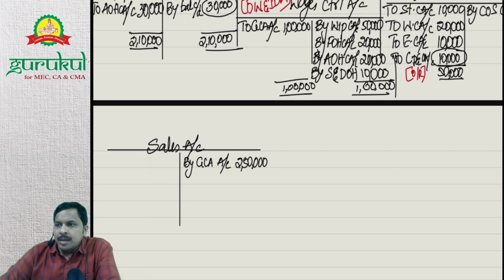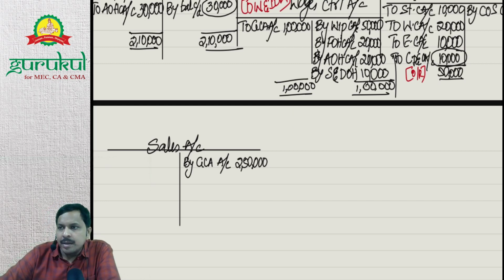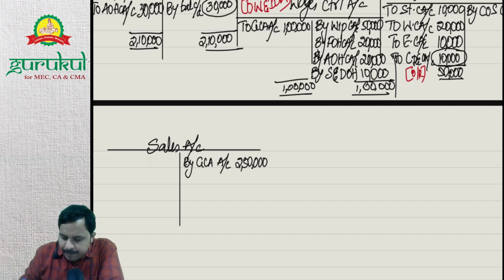Now, in financial accounting, where do we write the sales value? Under any account. Why? In order to calculate our profit or loss. So here we don't have an account, costing P and L account. Now the sales will be transferred to which account? Costing P and L account. Therefore, it will be sales to costing P and L account.